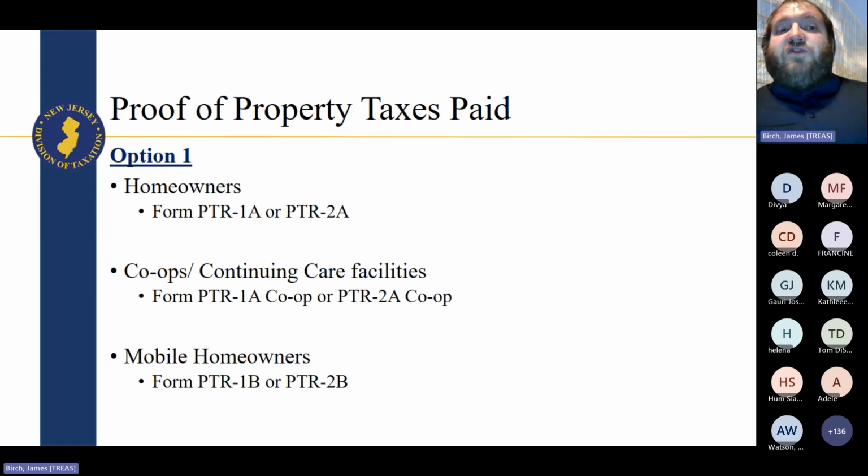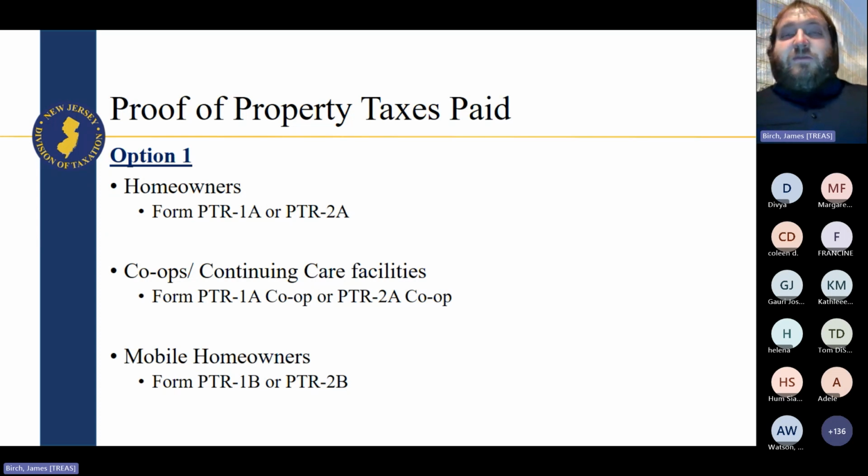Now, I mentioned proof of property taxes several times, and there are different options that can be done to provide that proof. If you are a homeowner, in the booklet there is a form PTR-1A, or if you're a second time or later filer, a PTR-2A.